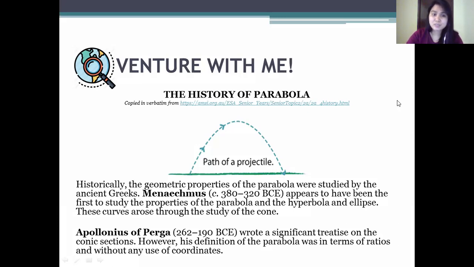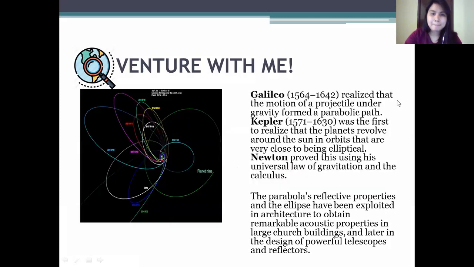Menaechmus appears to have studied the parabola and the hyperbola and the ellipse. I'll show you what is a parabola, hyperbola, and ellipse. Apollonius of Perga also studied the conic sections. If you say conic sections, these are different sections that are made from a cone. Then Galileo noticed that the projectile path forms a parabola.